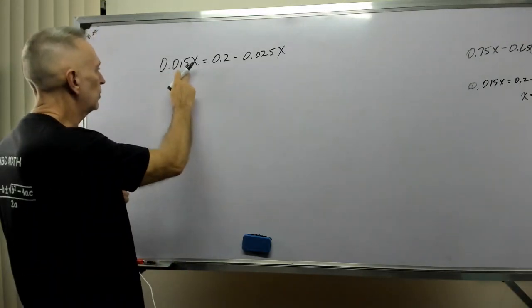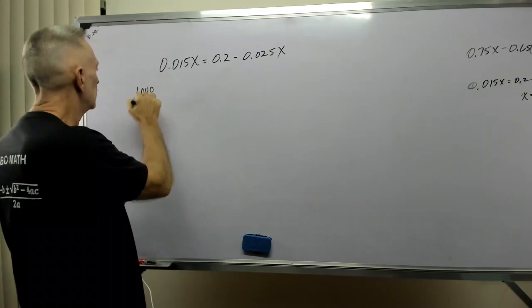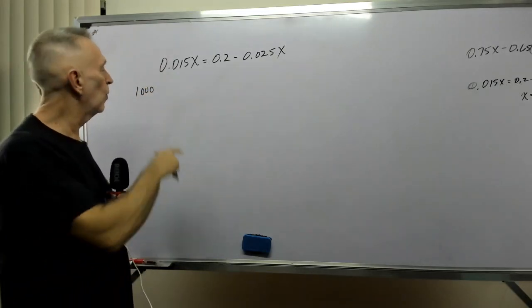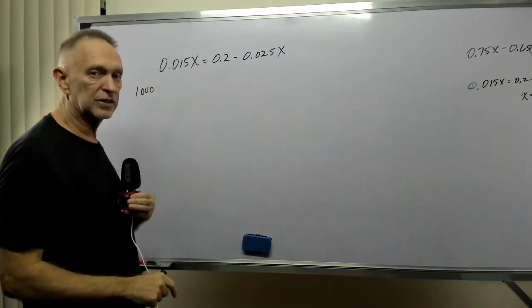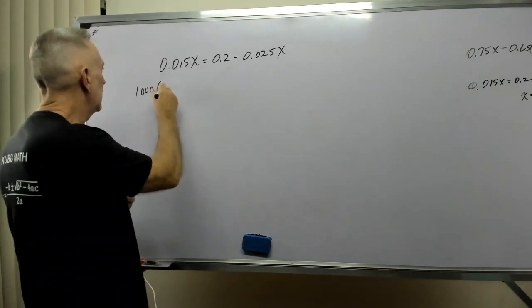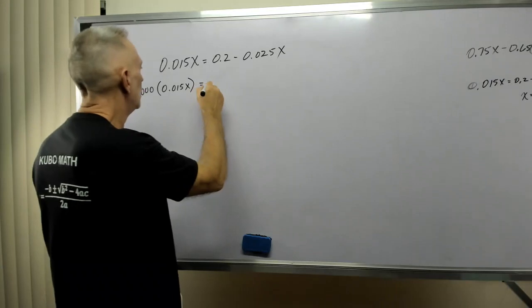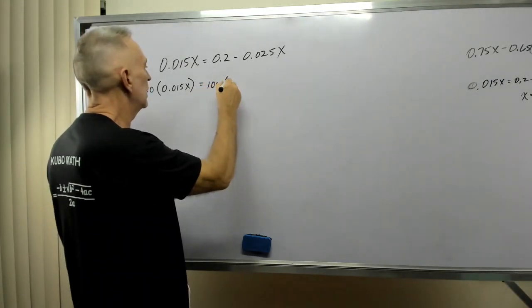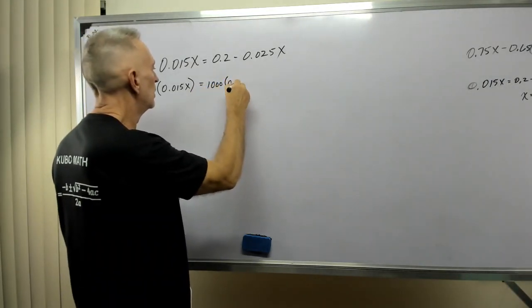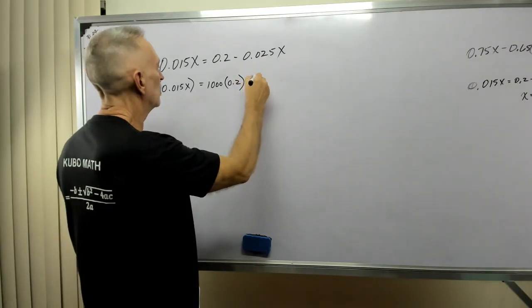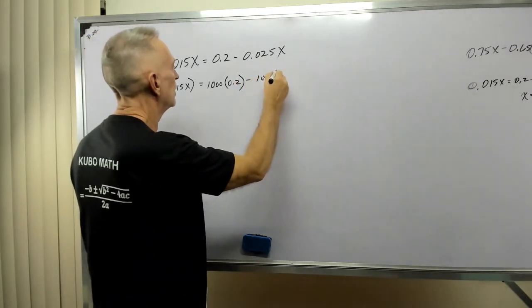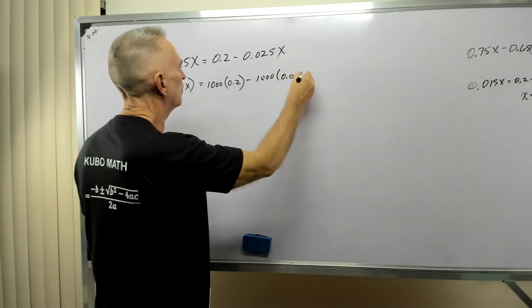I need to move 3 decimal points to the right, so I need some number with a 1 at the front with 3 zeros. That times 0.015x equals 1,000 times 0.2 minus 1,000 times 0.025x.